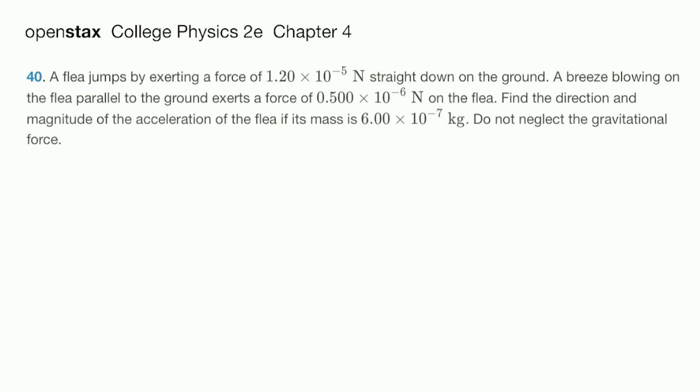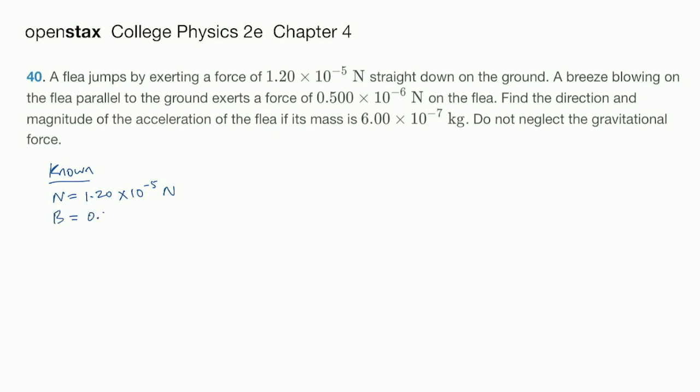All right, and so let's start our list of knowns. We know that the force down by the flea is going to be the normal force up by the ground, and that is 1.20 times 10 to the minus 5 newtons. We have a breeze on the flea, so let's just call that a breeze force.